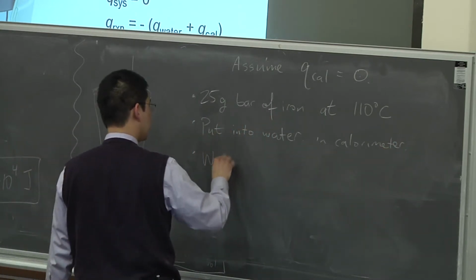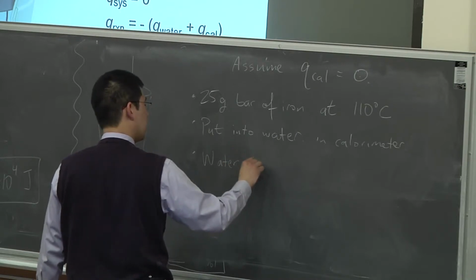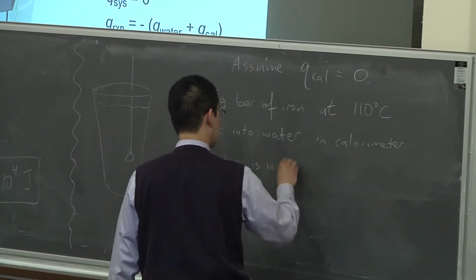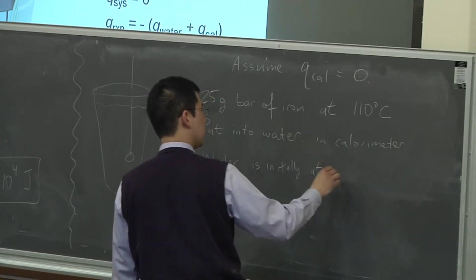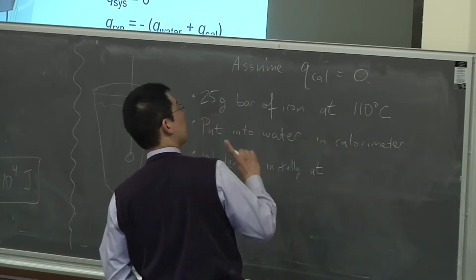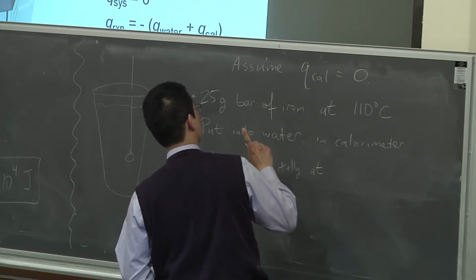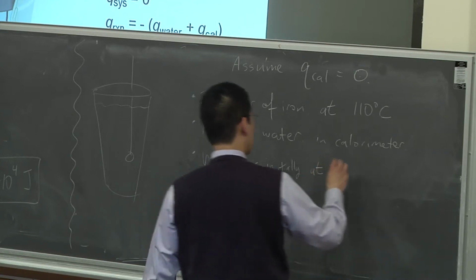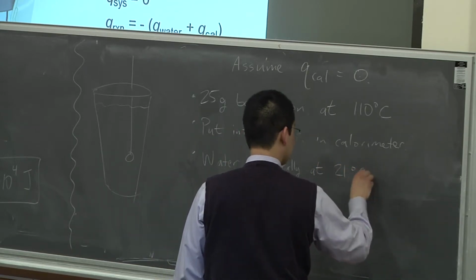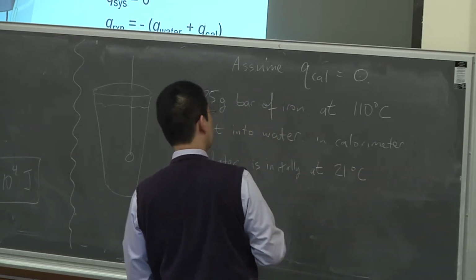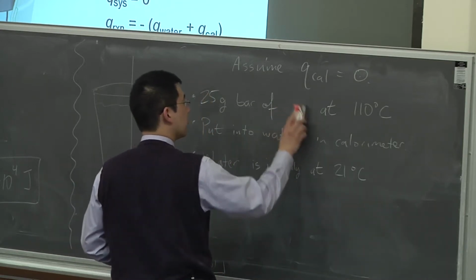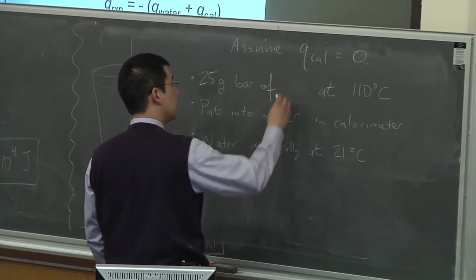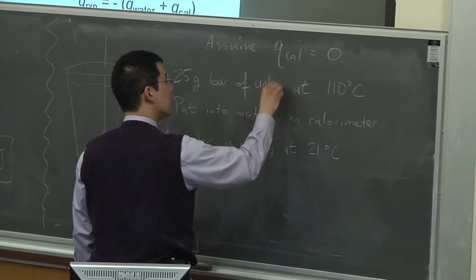The water is initially at, you know what, let's not do this one first, because the math here is going to be harder. A 25 gram bar of an unknown metal.